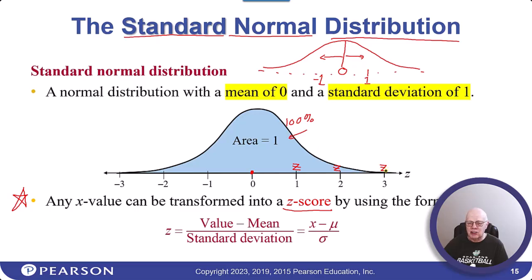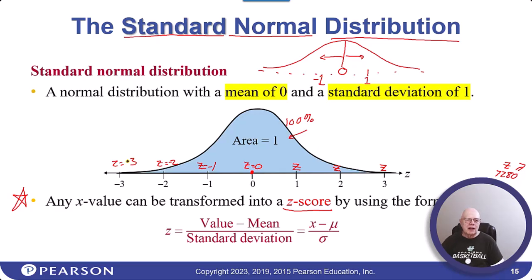There is no end to the z-scores. Somewhere out here you might have a z of 7,208, way out there. And they extend in the other direction. Remember, a z of 0 is right in the middle, very important. And out here, this z is -1, z -2, z -3.